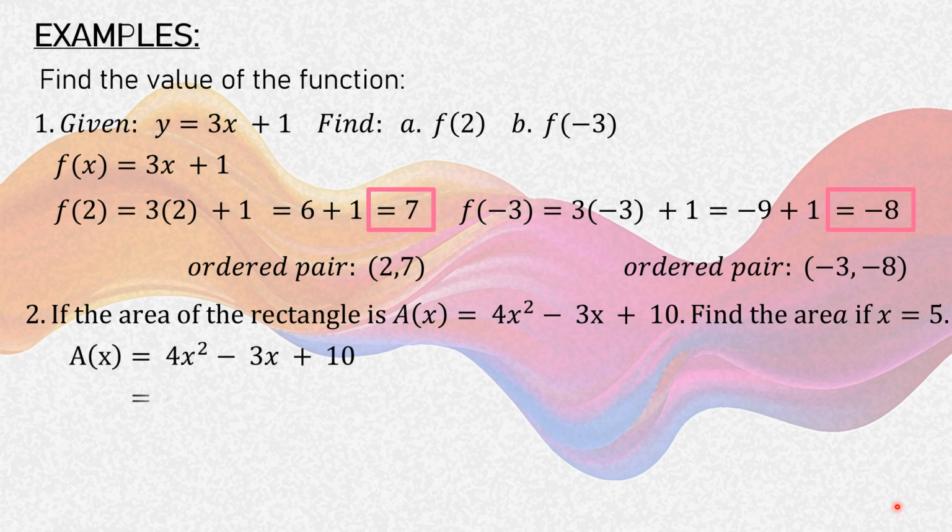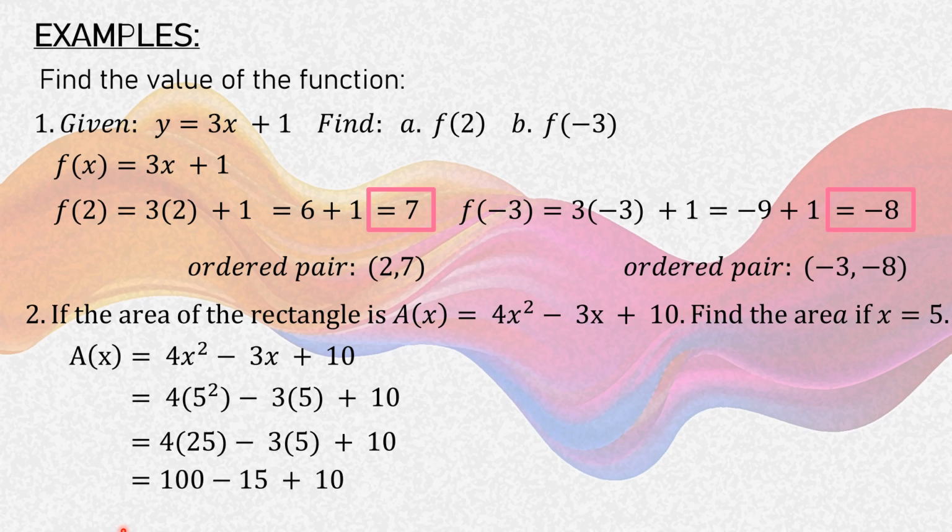So, we have 4 times 5 squared minus 3 times 5 plus 10. And then, we will just simplify. 5 times 5 or 5 squared is 25 minus 3 times 5 plus 10. And then, imumultiply na natin yung 4 and 25, ganon din yung 3 and 5. So, that will be 100 minus 15 plus 10.